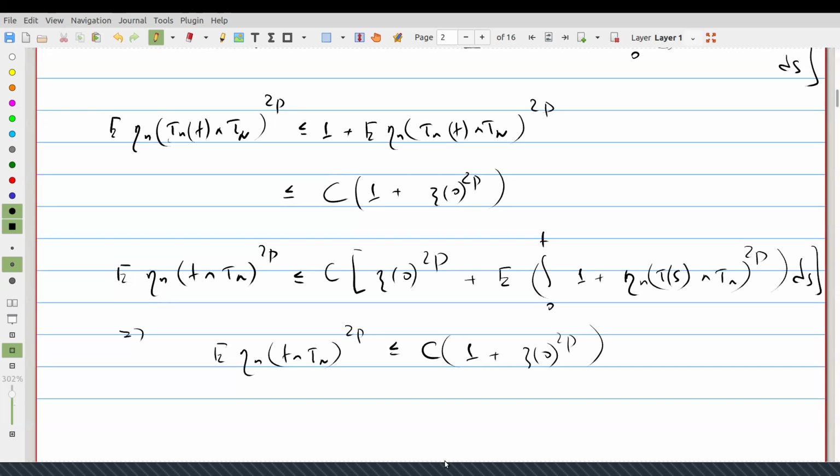And now we can use the limit to go to the limit in the left hand side of our expression.